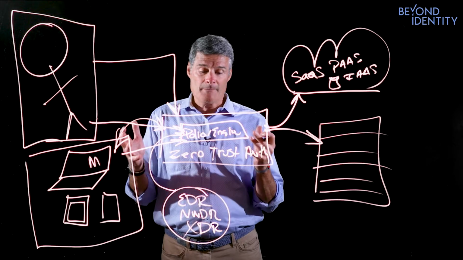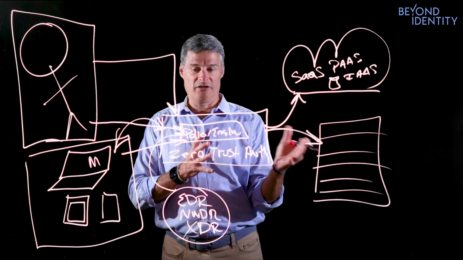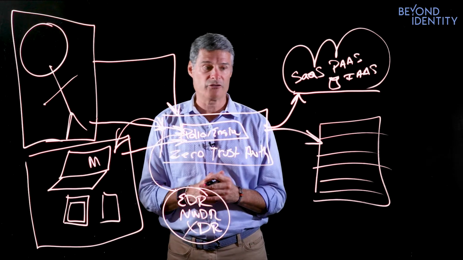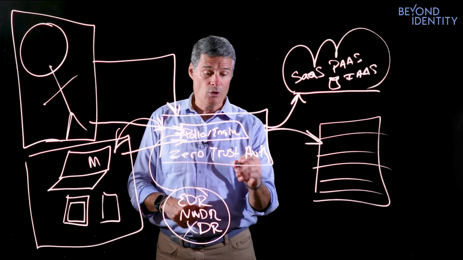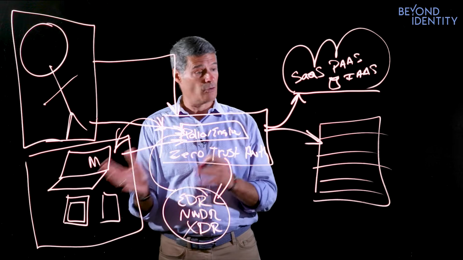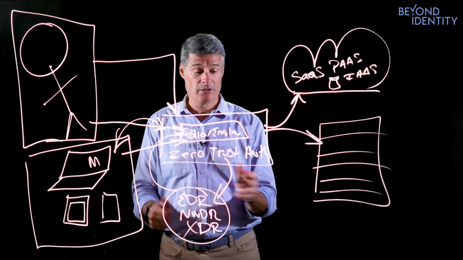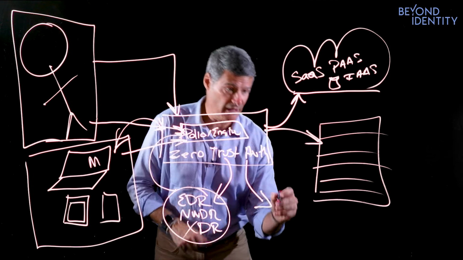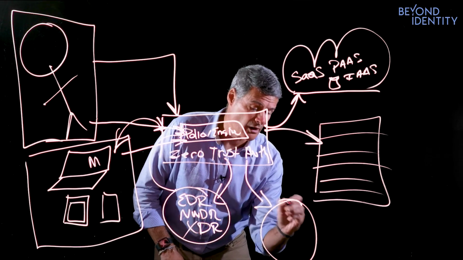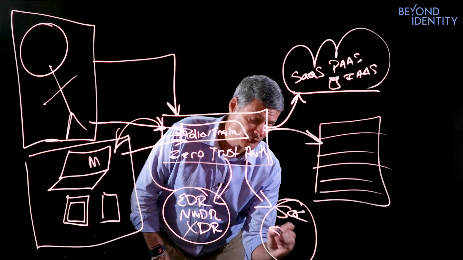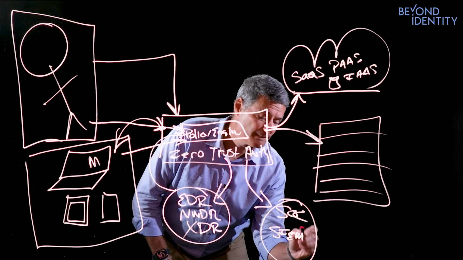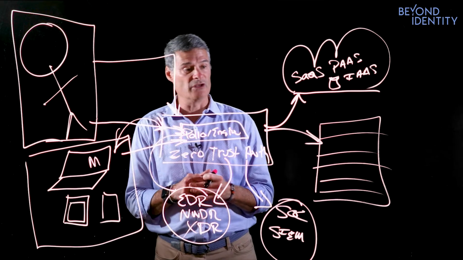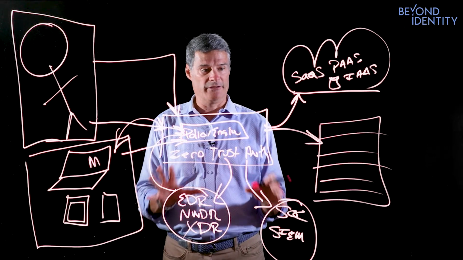Now, to be a good citizen in the rest of our zero trust infrastructure, zero trust authentication also has to be a player. So we'll want to feed information back to our detection and response technologies. We're going to also want to feed information from our zero trust authentication platform back into our SOC, into the SIEM tools, and all the other infrastructure that the SOC team is using to evaluate what's going on in the environment.